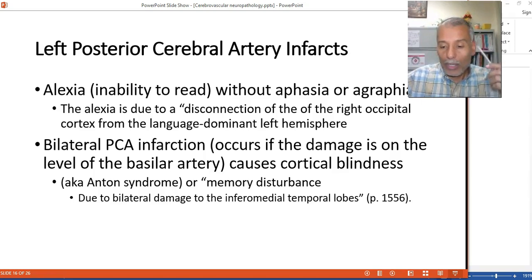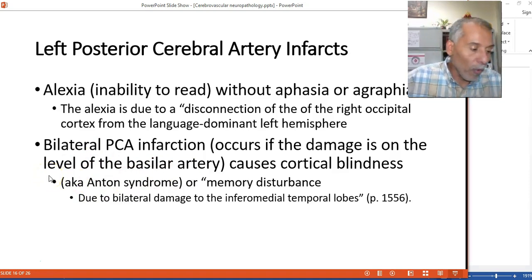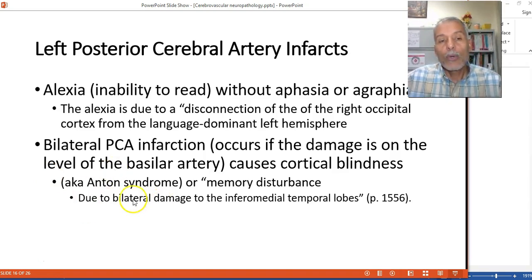That is because the visual cortex just projects images, and they basically see these images and think they are real and reflect the reality around them. However, they fall against furniture and can't find their way. So Anton syndrome.